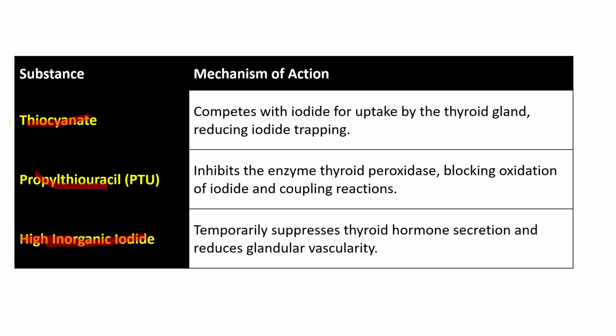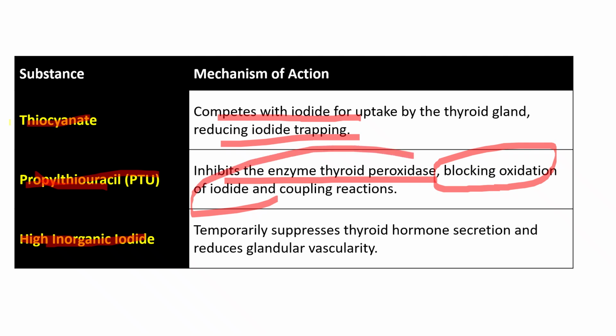The thiocyanates compete with iodide for uptake by the thyroid gland, so they reduce the trapping of the iodide, while propylthiouracil inhibits the enzyme thyroid peroxidase that blocks the oxidation of iodide and also blocks the coupling reaction, while high inorganic iodide concentrations, about 100 times the normal, temporarily suppress the thyroid hormone secretion and reduce the glandular vascularity.